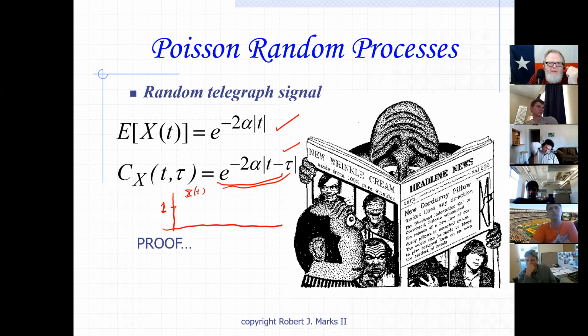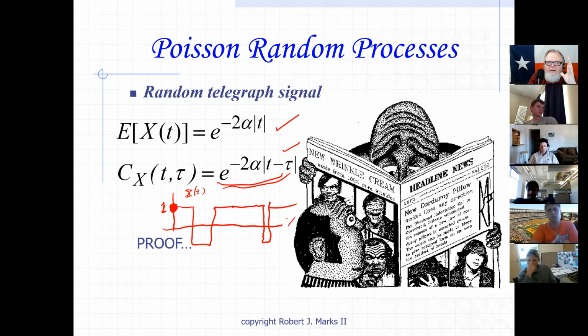That was our convention. And then it goes down and it does this, and then it does something like this. Now, here's the point. When we're here, we know that the expected value is equal to 1 because all of these telegraph signals start at 1, don't they? They all start at 1.